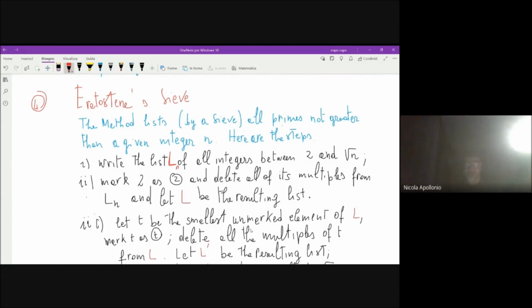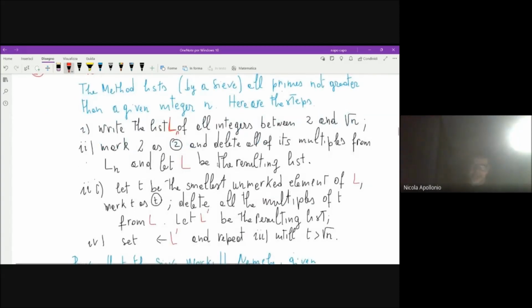I let you read the steps of the algorithm. So you fix a number n, say 27, and you start writing all the integer numbers between 2 included and 27 included. You just write these numbers.